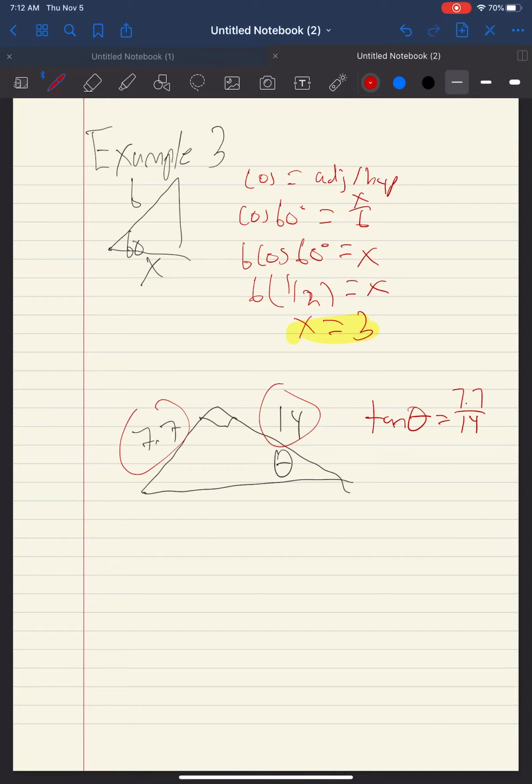And then to solve for theta, we have to do the opposite of tan, I think it's called inverse tan, which you do tan to the negative 1 of 7.7 over 14. And this one would require a calculator, and you would get 28.8 degrees.